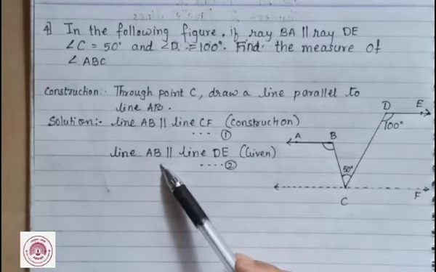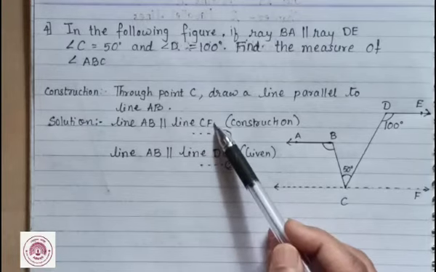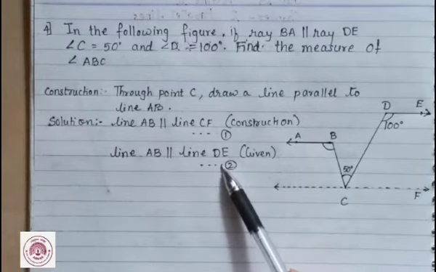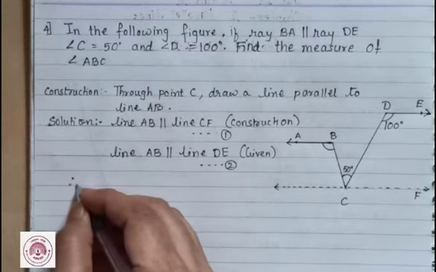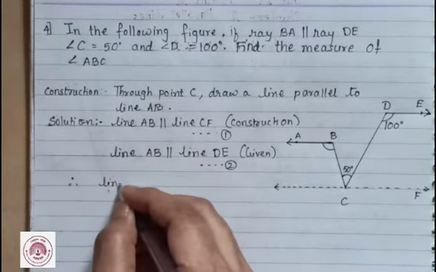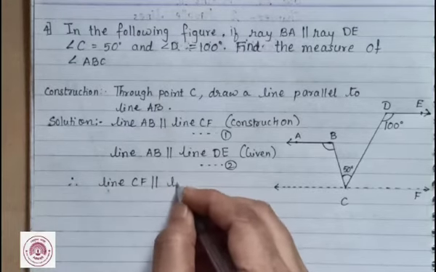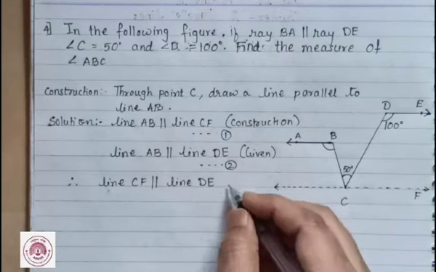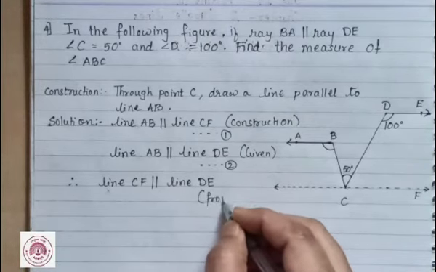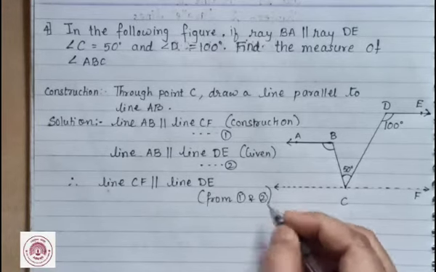Also line AB is parallel to line DE, and therefore line CF is parallel to line DE. Therefore line CF is parallel to line DE. Here you can write from 1 and 2.